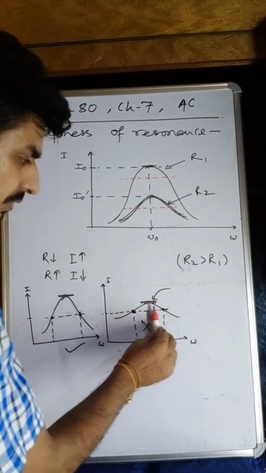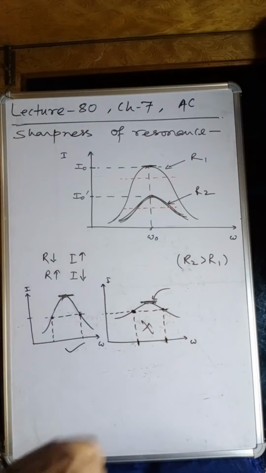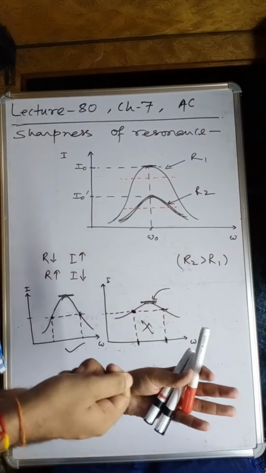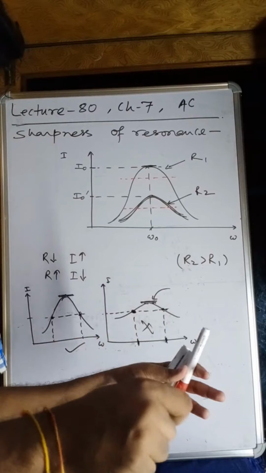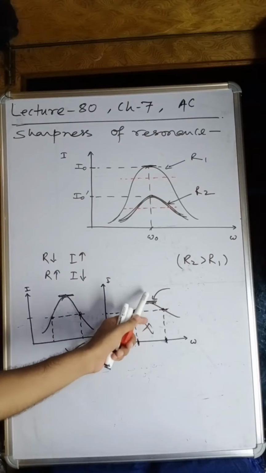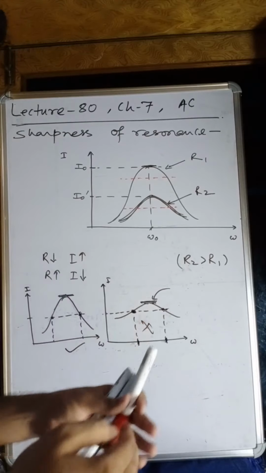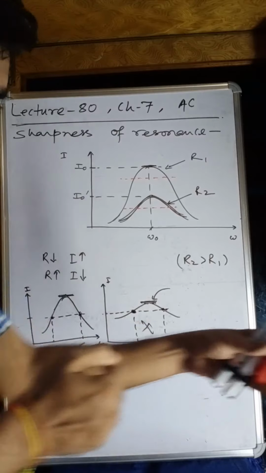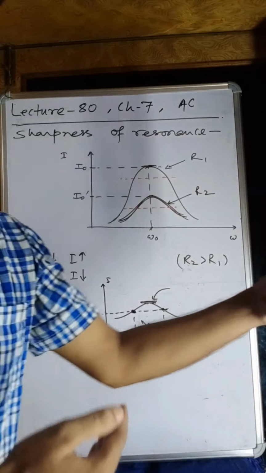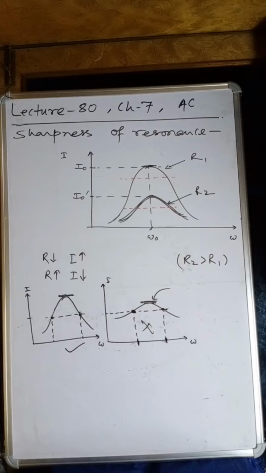If you tune your radio, for a large change in frequency there will be very little change in current and energy. It means you have to travel a very large frequency difference to change your radio station or television station. So this is not very good.